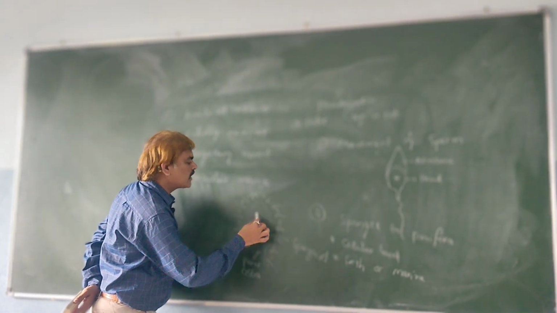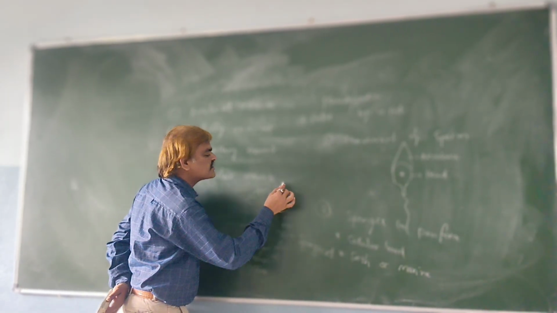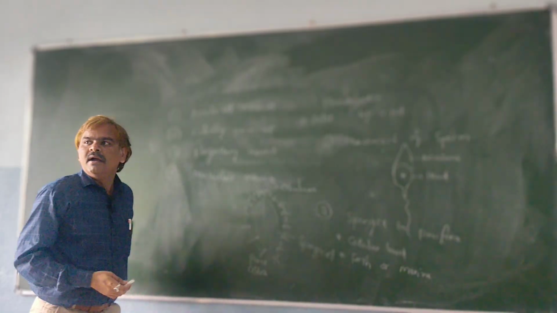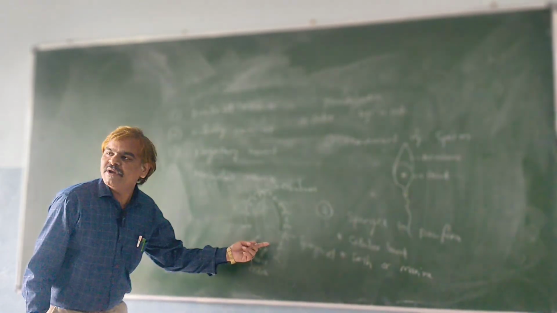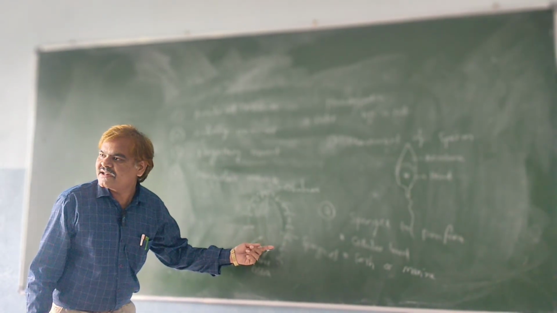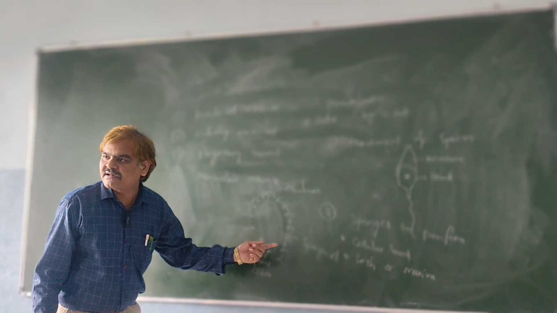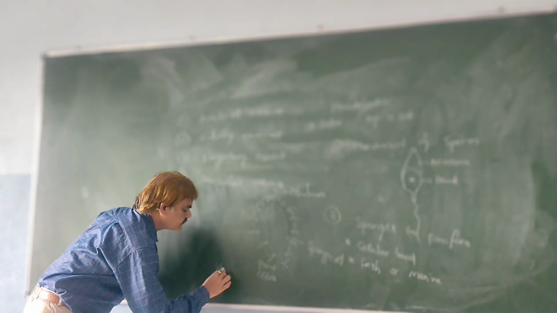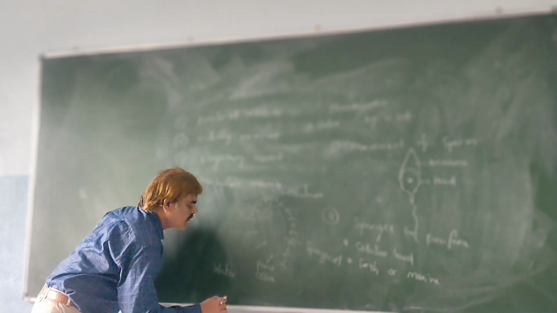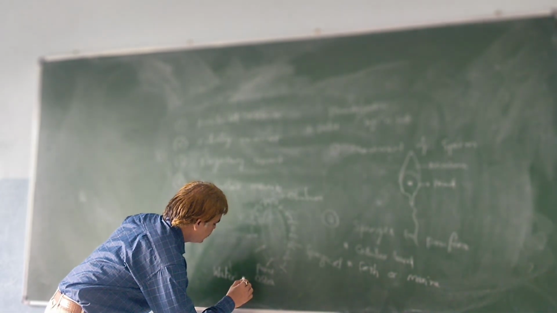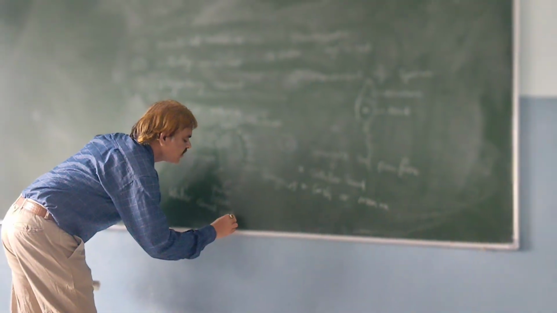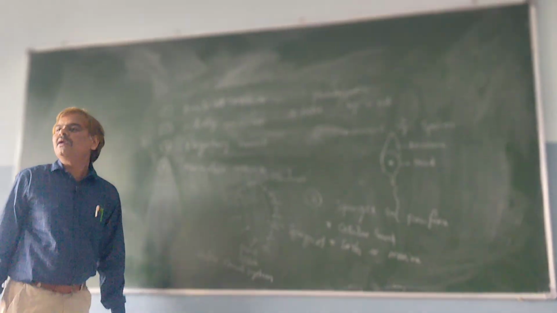After that, the water is eliminated through the osculum. What is this called? Osculum. Water movement takes place here. So this is called the water canal system.